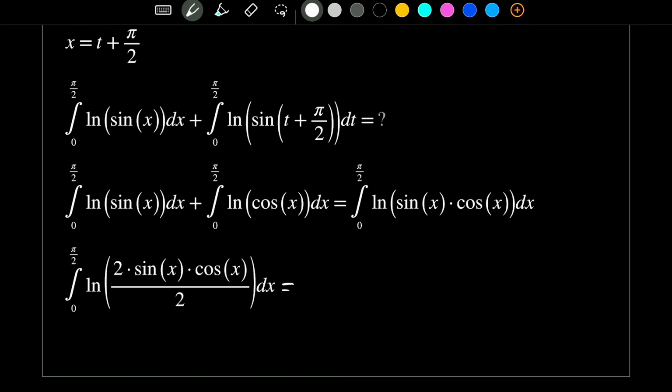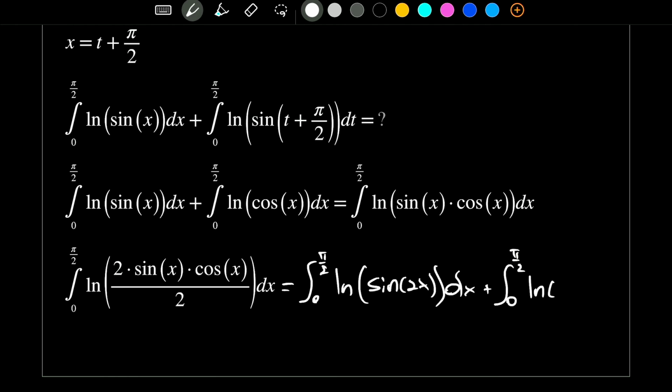Now, this integral can be converted into the integral from 0 to pi over 2 of the natural log of sine of 2x dx plus the integral from 0 to pi over 2 of the natural log of 2 dx.